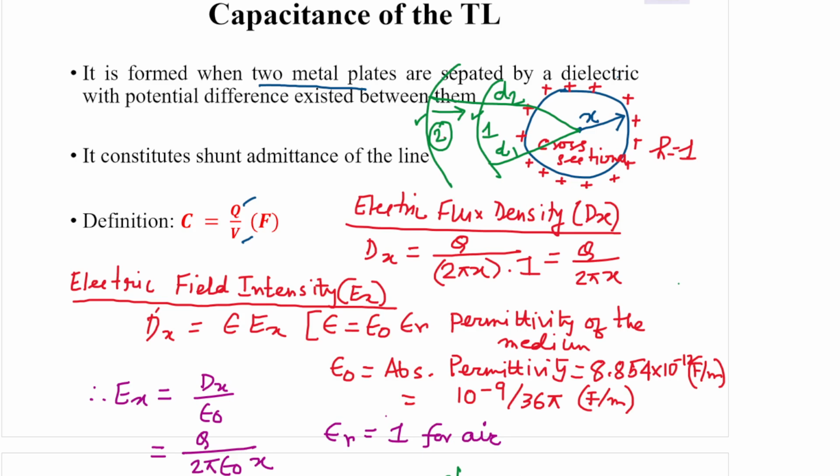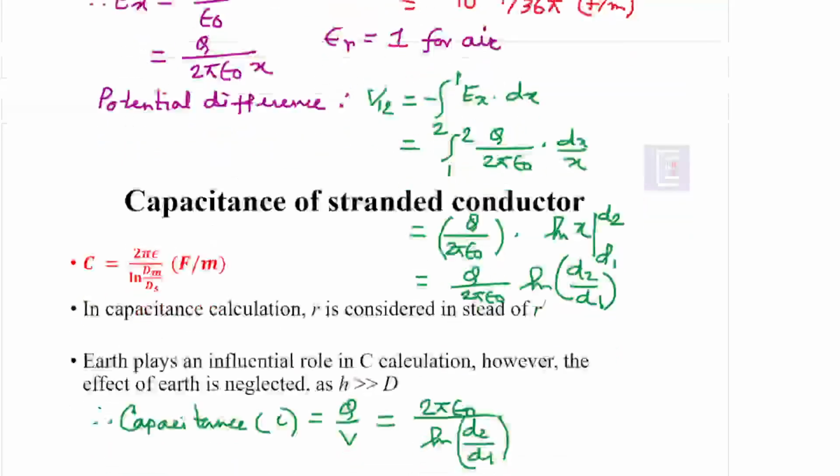So just like we have done in case of inductor, we can approximate d1 as conductor radius r, and we can approximate d2 as a capital D, where D is the distance from one conductor to another conductor.